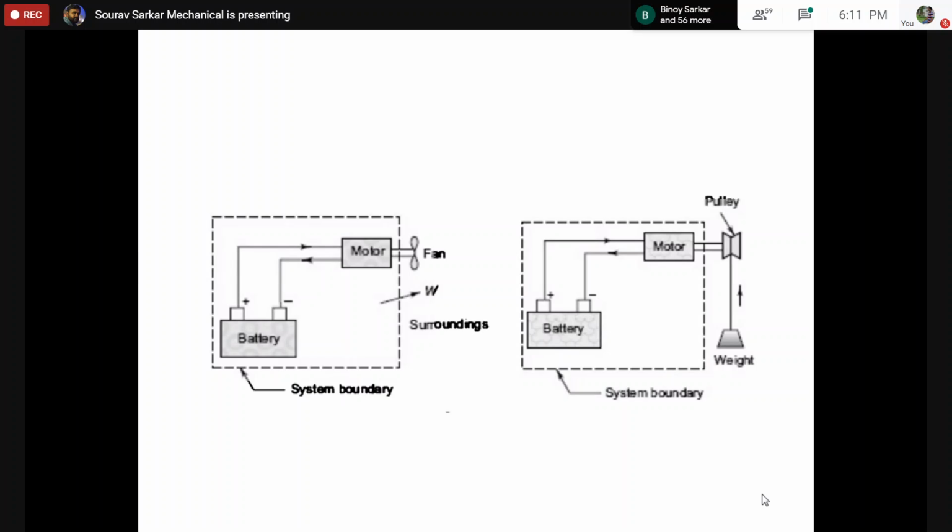In thermodynamics, it is said that if some device or object is performing work, that work can be converted into a form equivalent to raising a weight through a pulley. This is a little bit complicated.